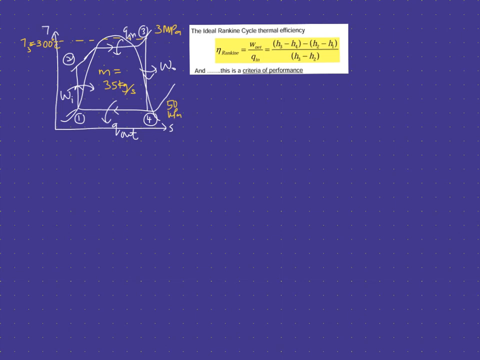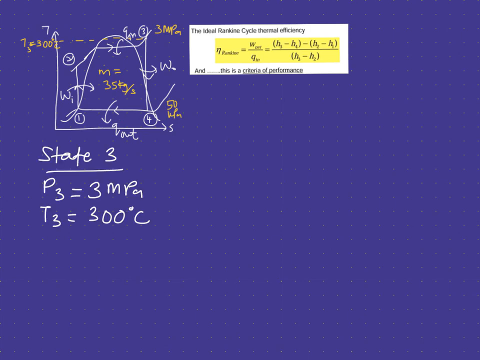For example, you may start with state 3 because you know two known values here, which are your pressure and also your temperature. The rule of thumb to read your property table, if given pressure and temperature, is that you straight away read from your superheated table, which is table A6.